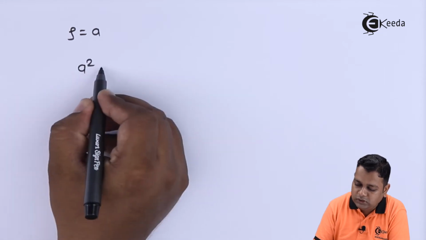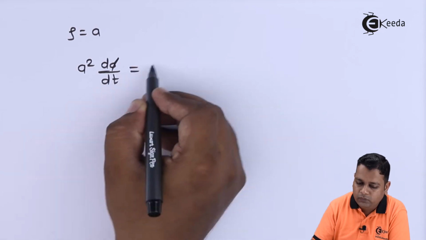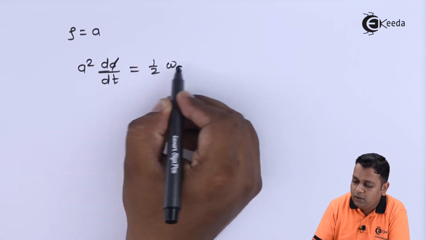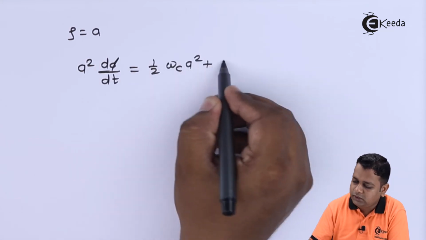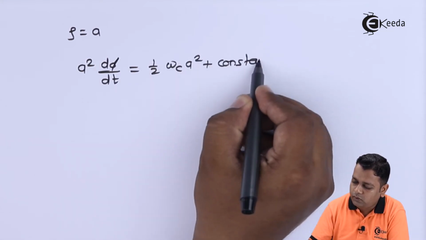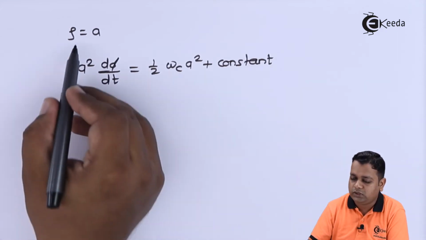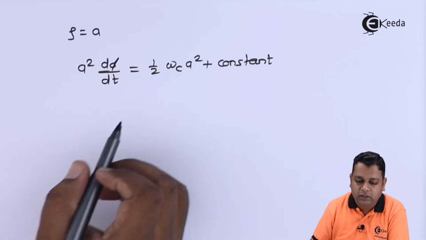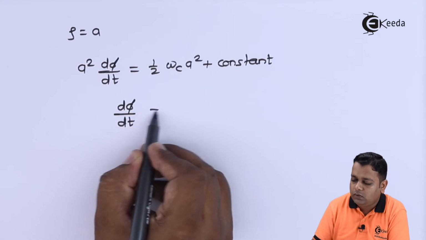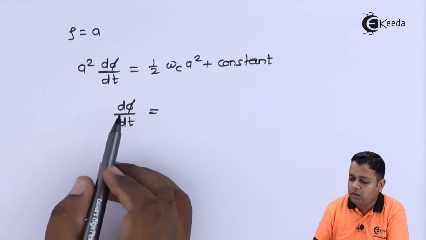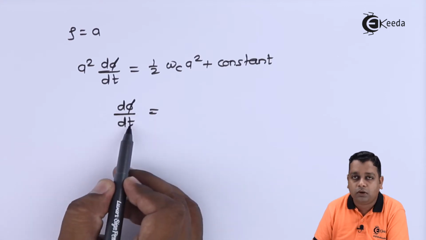So it will be a² dφ/dt, given as 1/2 ωc, with the substitution already made, times a² plus a constant. At the cathode body, that is ρ equal to a, dφ/dt, which is actually the velocity component in the φ direction, is the distance covered per unit time.